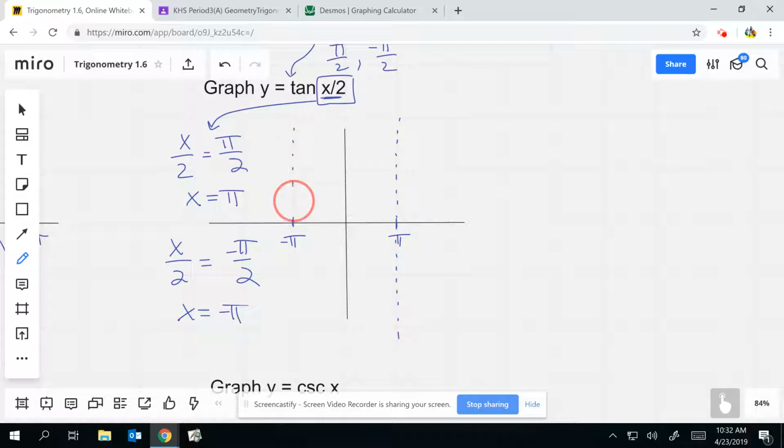Basically, what we just did is we stretched the graph. This is a horizontal stretch. This really means 1/2 x. And since b is less than 1, we call it a horizontal stretch.